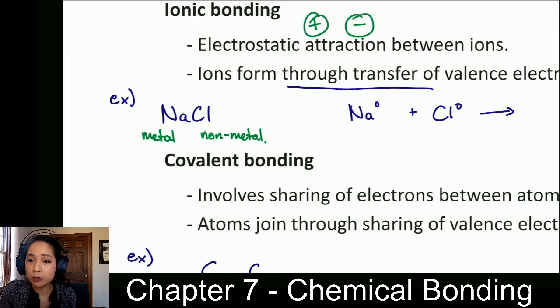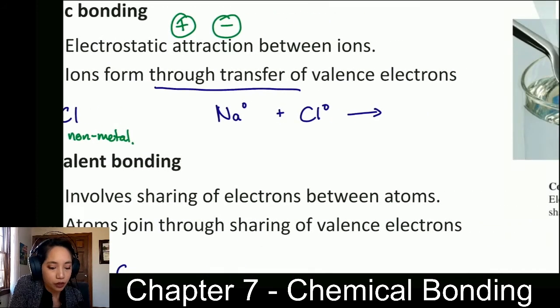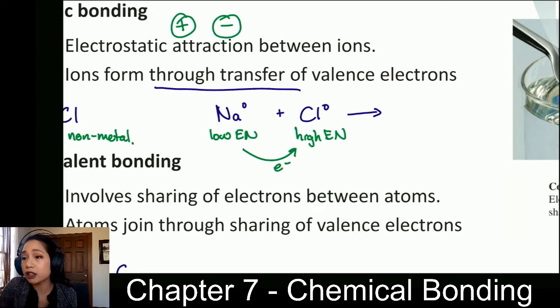Metals tend to have low electronegativities, so they tend to form cations, while nonmetals have high electronegativities and will form anions. So through that dichotomy, or that big difference in electronegativities, sodium has a low electronegativity, chlorine has a high electronegativity. So what's going to happen is that an electron from sodium will be transferred to chlorine.